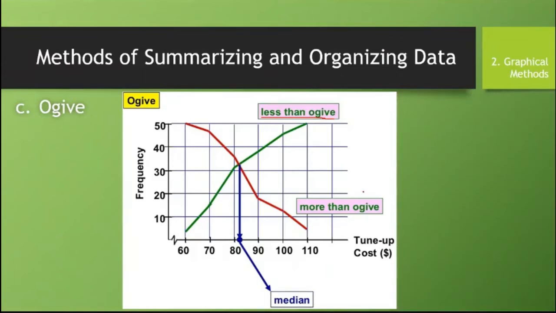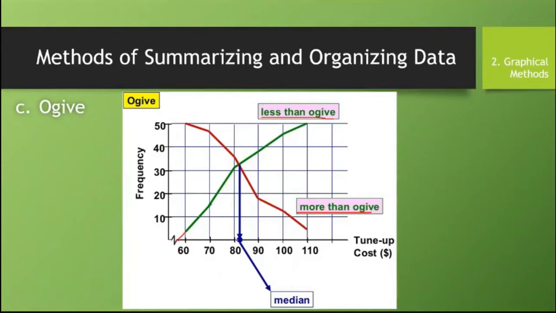Then the greater than ogive or the more than ogive is taken from the greater than cumulative frequency. By the way, in addition, you have to make sure that the ogive is extended to the x-axis, where y is equal to 0.